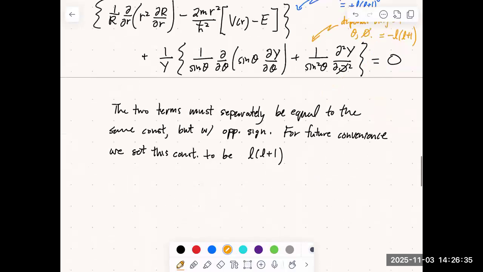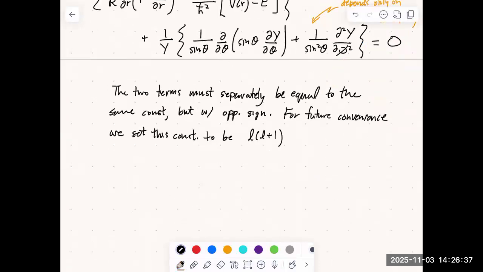So we can go and try to solve this angular part right now without specifying any potential, only that it depends only on the distance and not the direction. So what we'll do is start section 4.1.2, and we're going to try to attack the angular equation.